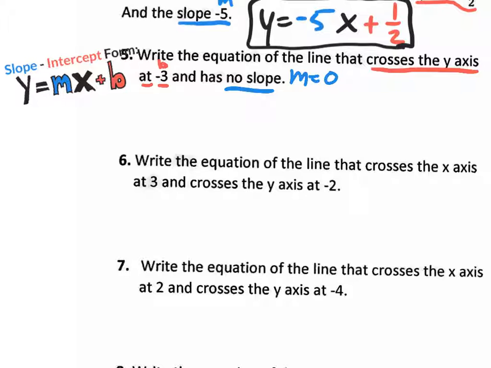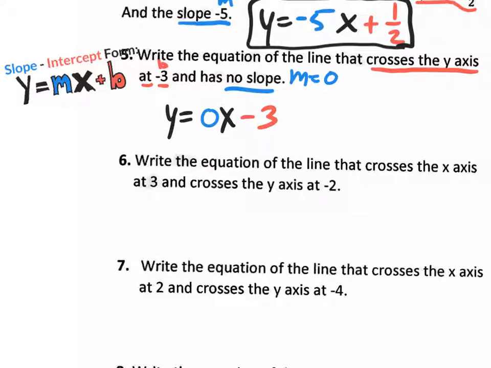So if you want to write it in y equals mx plus b form, it's going to be y equals m, which happens to be 0 because there is no slope, and 0x, the slope always has the x right next to it, plus the b value, which in this case happens to be -3. You could write plus -3, or the nicer thing to do is just to write -3 instead of plus -3.